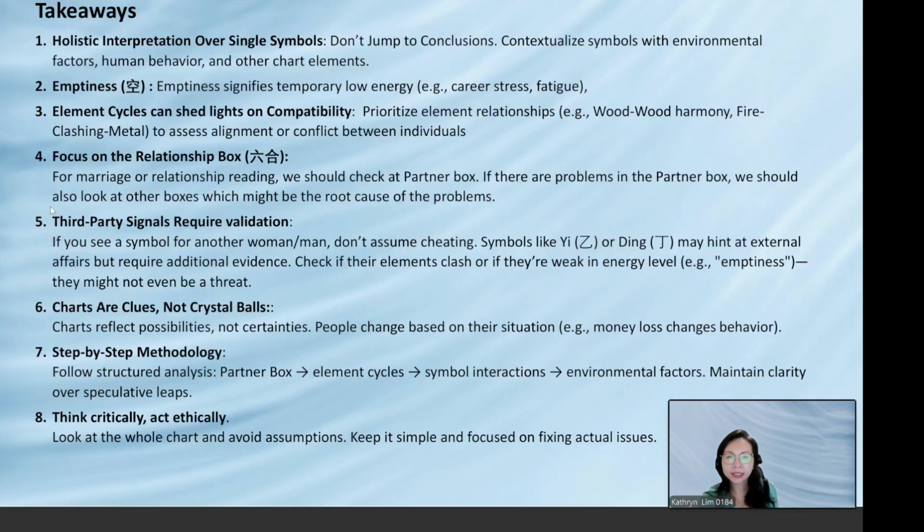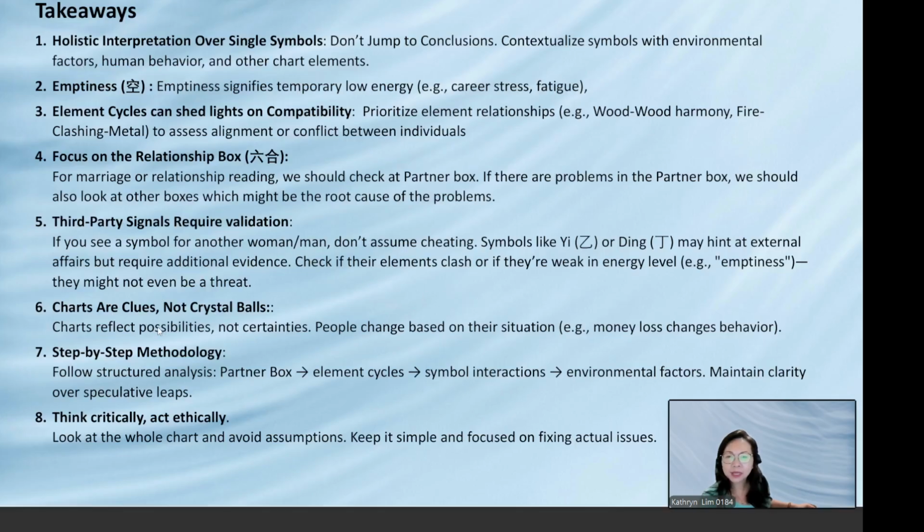It doesn't mean for sure the man has an affair outside. We need to check the person's element to see if there is an element clash, or if they're just weak in energy, emptiness. If they're weak in energy or there's emptiness, it might not even be a threat. Or if there's a clash, it might not be a threat.